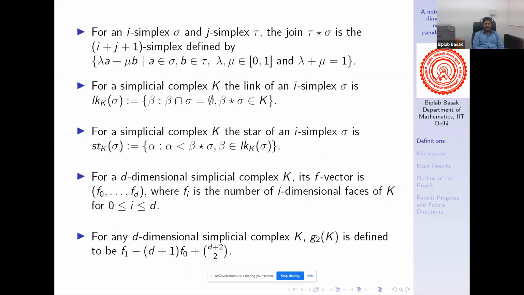Now there is another concept called the f-vector. For a d-dimensional simplicial complex K, its f-vector is this one, starting from f0 up to fd, where fi is the number of i-dimensional faces of K. That means f0 is the number of vertices, f1 is the number of edges, and similarly we can define f2, f3 and fd, that is the number of d-simplices.